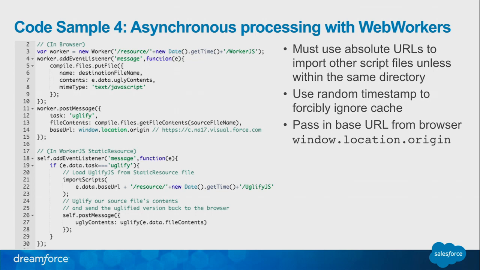You want to put in this random time or something so that Salesforce will always spit back your most recent copy. So if you're making some changes to your file and it's not showing up, you think, what? I know that's a console log in there. I know this is supposed to be running. It's because your browser's serving you a cached version. And this is a really good way to stop that from happening. That's a good trick any time you're using Salesforce static resources.